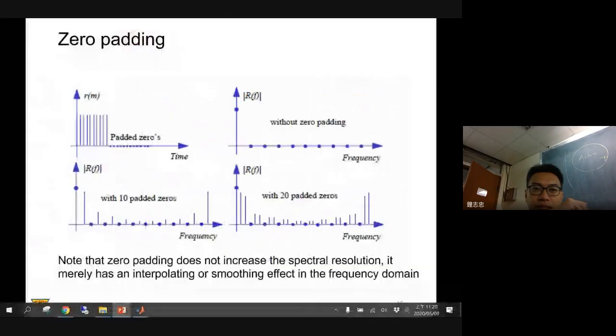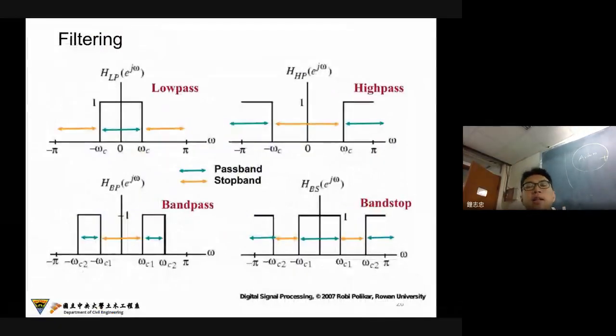Okay, so for the next half hour, I would like to show you the other very important issues of signal processing. The first one is the filtering.